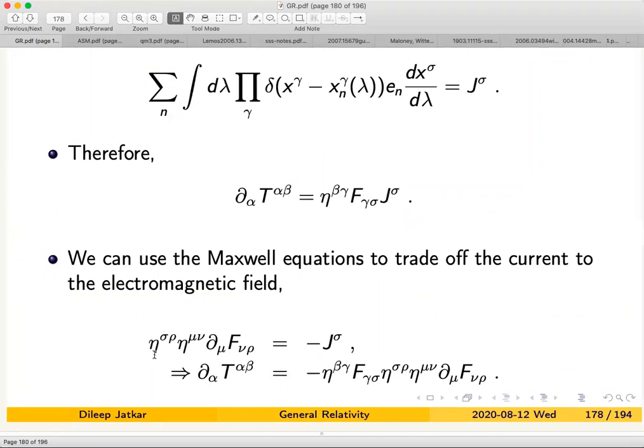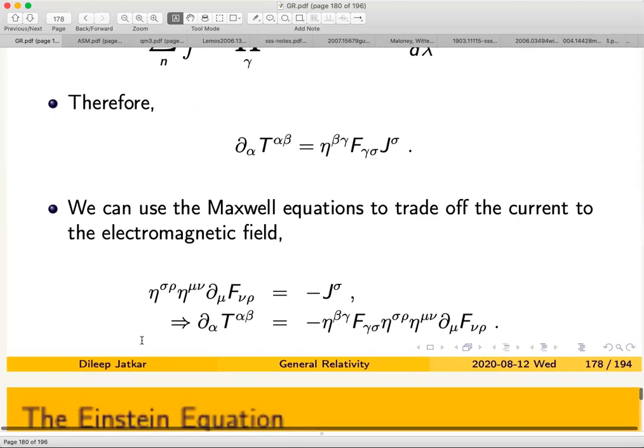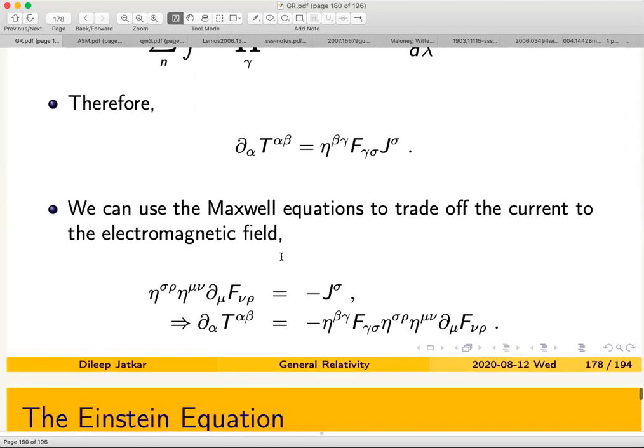So you just take this and substitute it into this, and you get the divergence of T to be this quantity, which is the same, and J is replaced by this entire expression, with a minus sign.